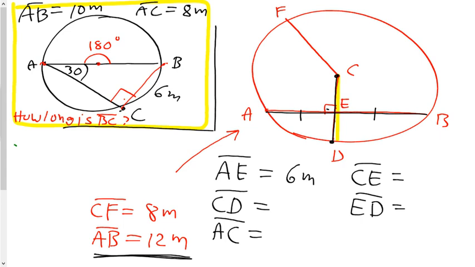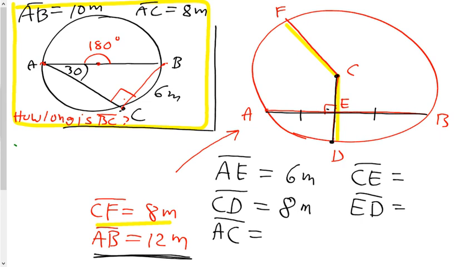You would say it's a radius, correct? And since the radius is also here and is measured for us at 8 meters, we know that CD is also 8 meters. Why? If you're asked why on a test, you would say, because it's a radius. Right, Haley? Because it's a radius.